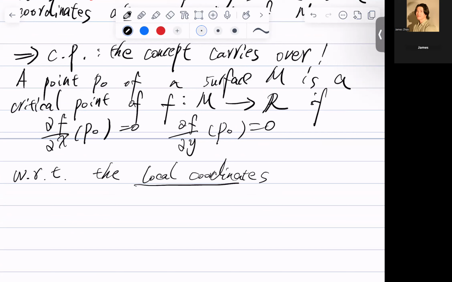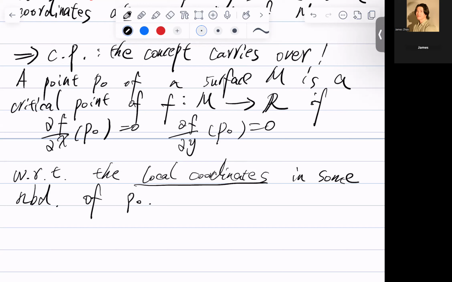Does this make sense in some neighborhood of p naught? If you have a curved surface, you can have different local coordinates to express your points, just like with a really big sphere. At every local point you have local coordinate systems to express points because your surface is curved.